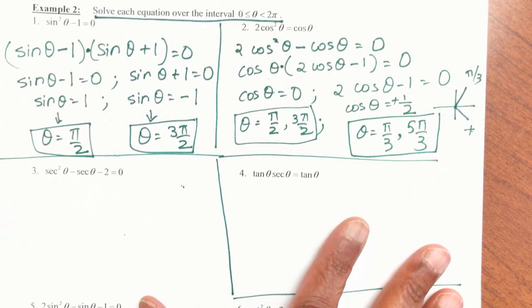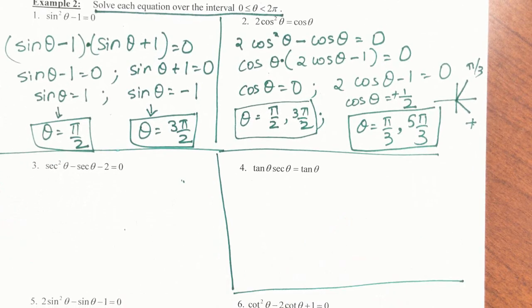So let's do 4 and then we'll come back to 3. 3, 5 and 6 are all trinomial factoring, so we'll do all of that. Whereas 4 is GCF again, if you haven't already figured it out.